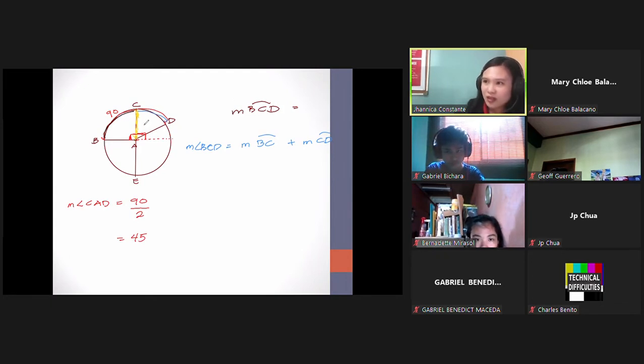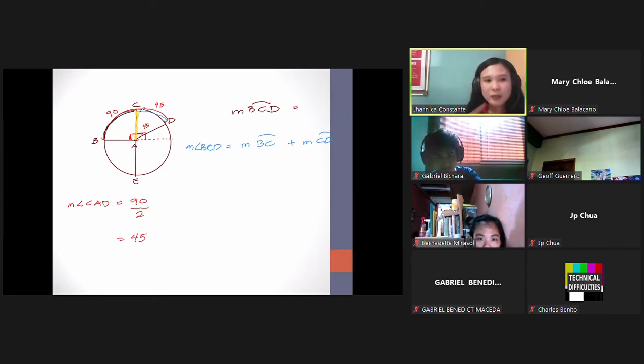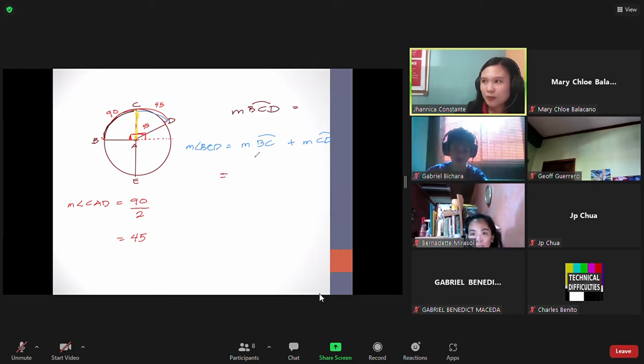So if this is 45 degrees, that means arc CD is also equal to 45 degrees. So we have the measurement for the two arcs that we're going to use to find the total measurement of arc BCD. So arc BC is 90 plus arc CD, which is 45.